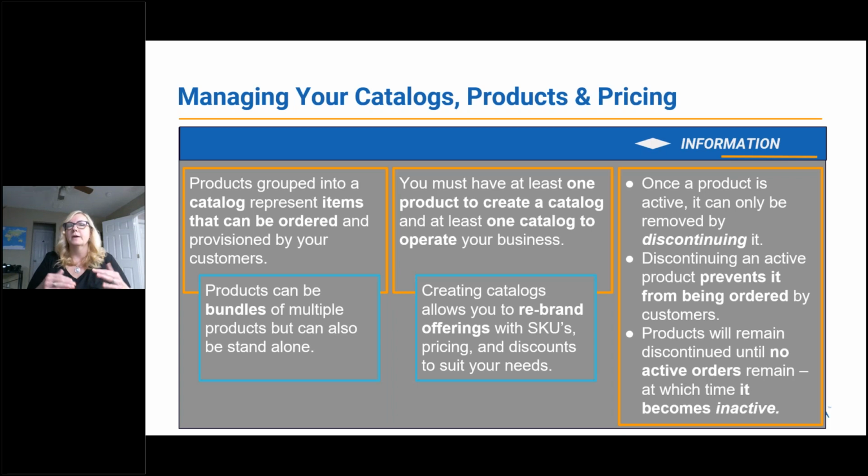So that's the kind of the baseline there. You can take multiple products, you can bundle them together as a product, and that again, it gets added to a catalog. You have to have at least one product and at least one catalog in order to move forward in the process. But all of you've been set up in the past, and so that's already done.